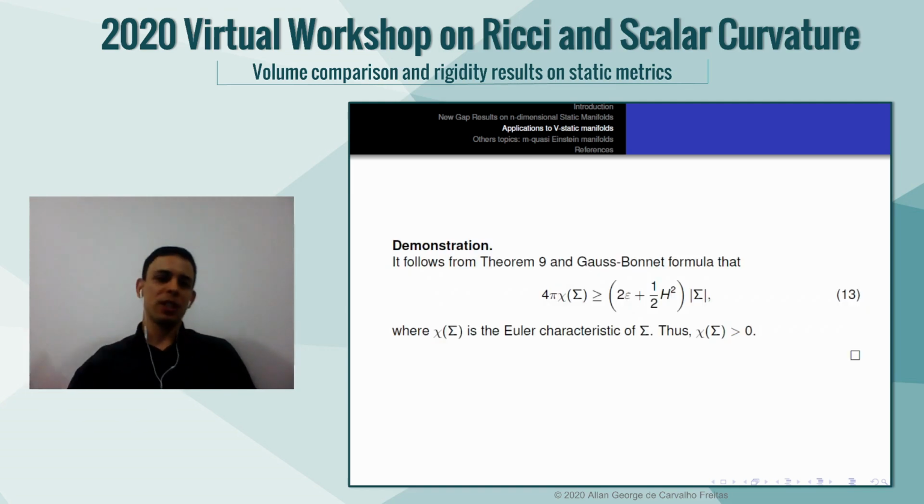And here you use just the Gauss-Bonnet formula in dimension 2 to obtain this. And this is positive in the case where epsilon is non-negative, and in the case where epsilon is equal to minus 1, we use the additional condition on h, okay, to obtain this topological classification.